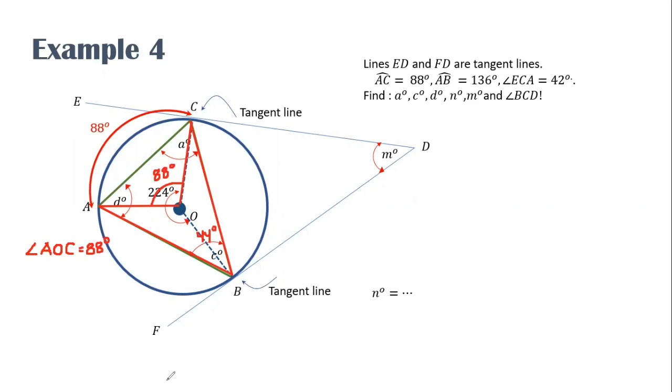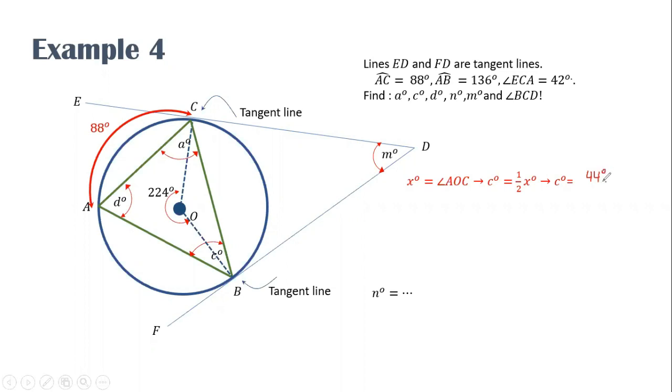Is it clear to you, everyone? Next. x degrees equals angle AOC, so c degrees is half of x degrees. So c degrees is 44 degrees. Is it clear to everyone? Good.